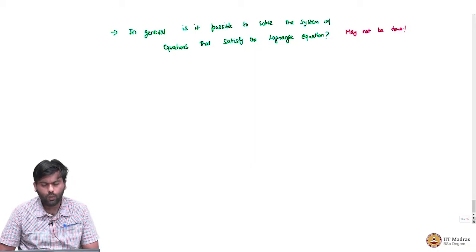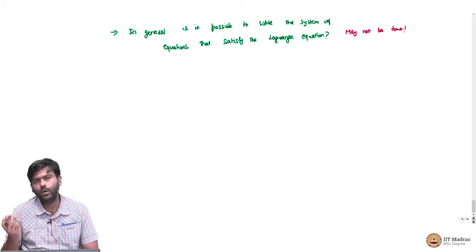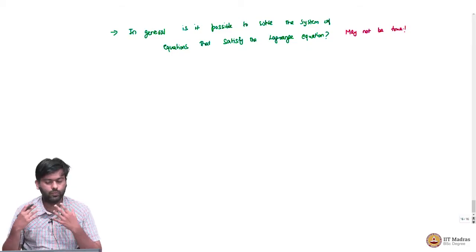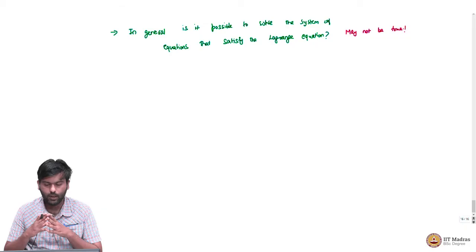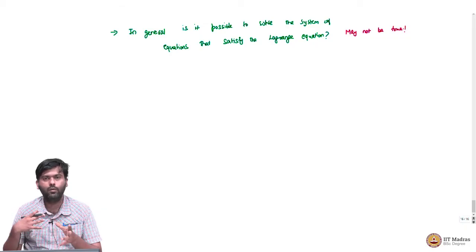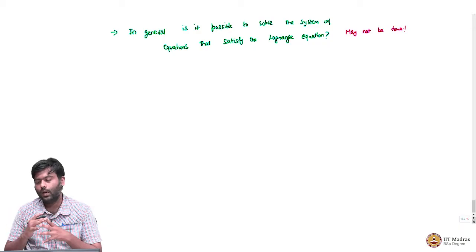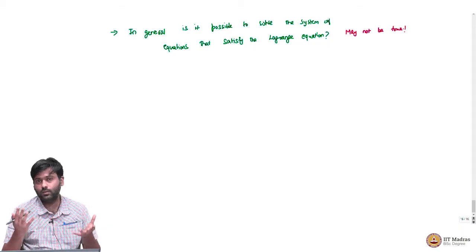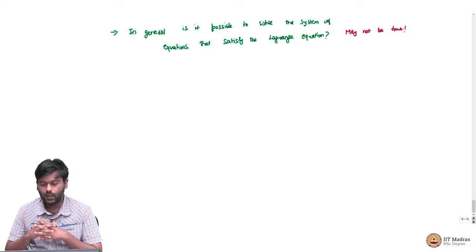So, now what else can we do when we do not have an easy way to solve using the method of Lagrange multipliers? Can we do something else like gradient descent, which will iteratively get us to the optimal solution?